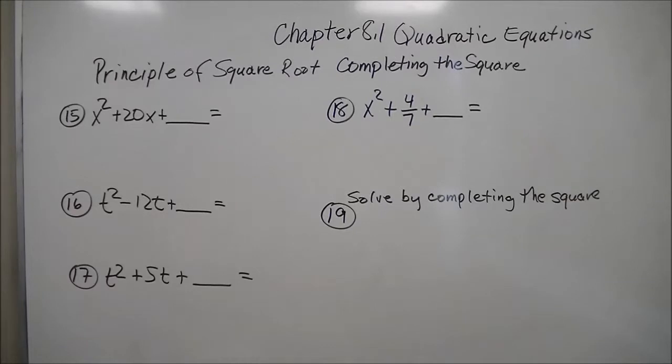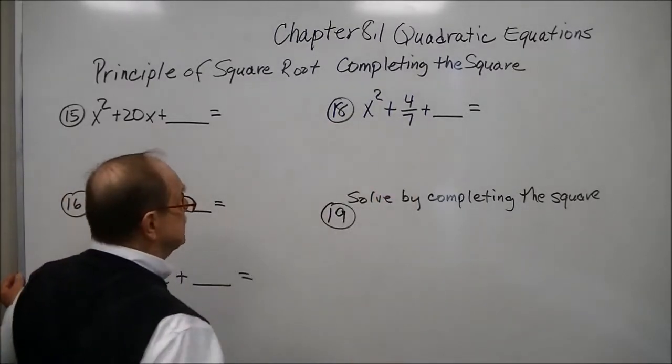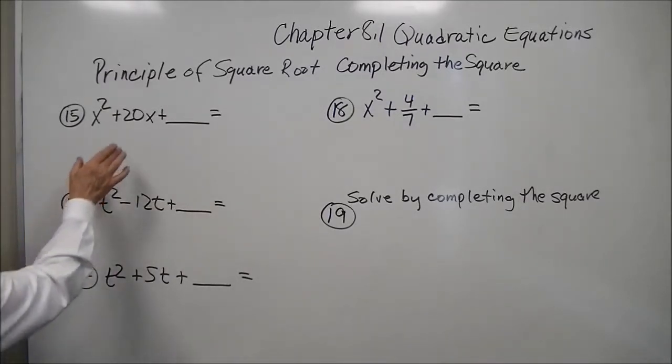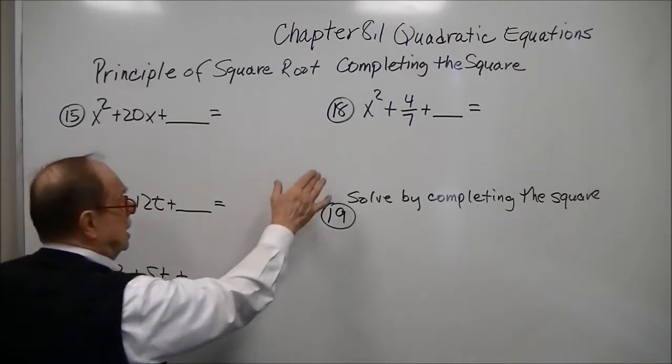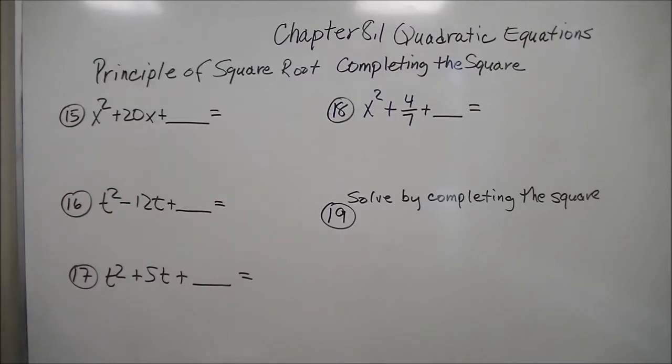Now, I particularly like the drill they're giving you here to help you do the next part of this, which is called completing the square. Now here you see the first part of what we want to become a perfect square trinomial.